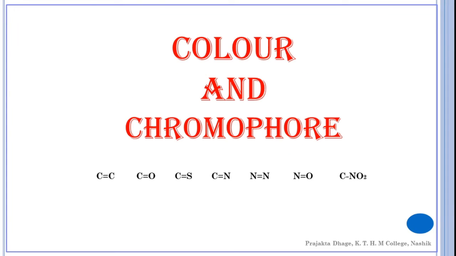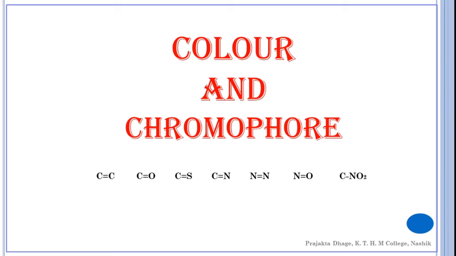Let's move on to another topic, color and chromophore. Compounds are colored because their molecules absorb quanta of electromagnetic radiation in the visible part of the spectrum. The energy absorbed by the molecules causes changes in the energy levels of electrons that are involved in covalent bonding and the lone pair of electrons associated with some atoms.